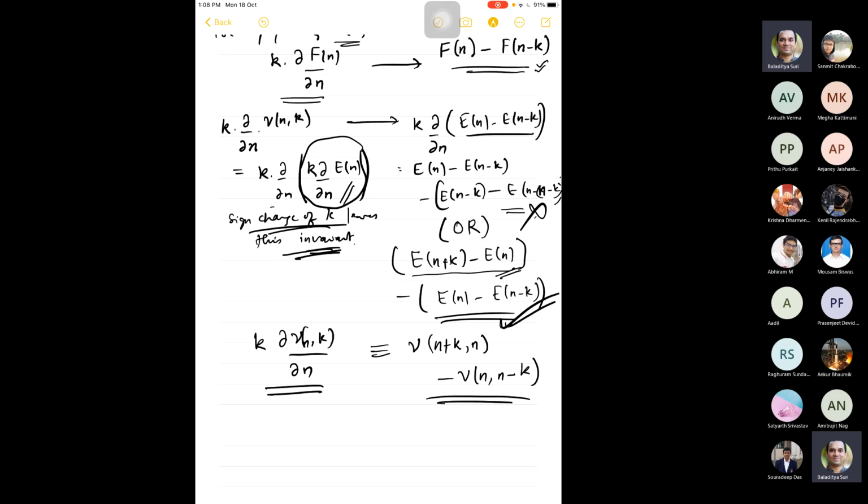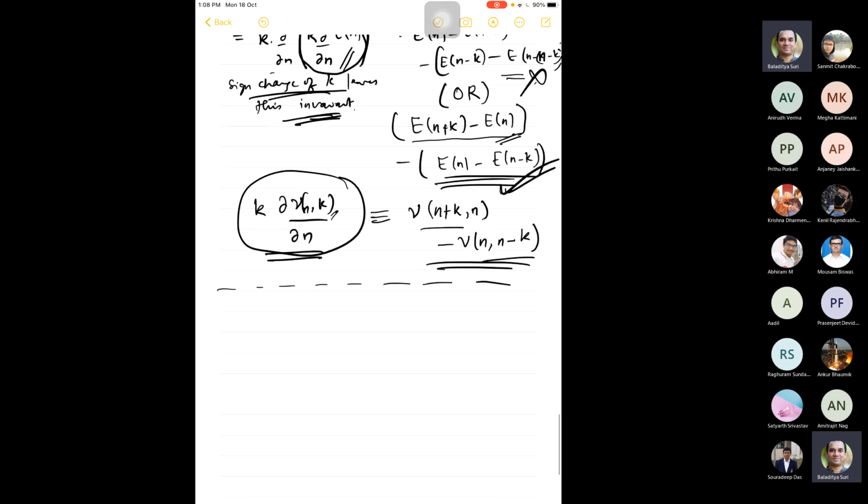The first term here is nu (n+k, n) in the quantum formula. The second term is nu (n, n-k). So if you have a derivative of the frequency, it has now become the difference of the two transition frequencies in the quantum case. And again, he extended it to general quantities.